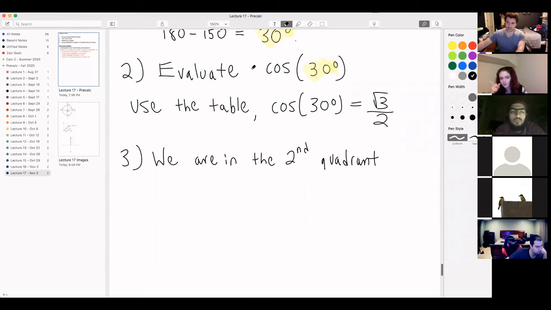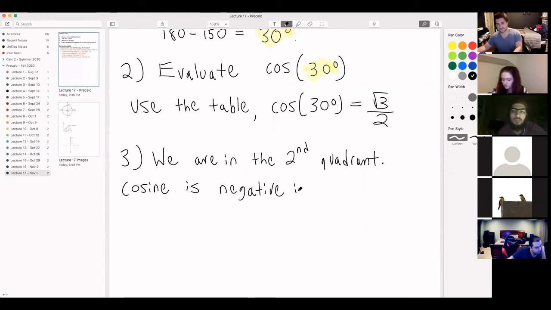It's cosine. Is cosine positive or negative in the second quadrant? That's the question we must ask ourselves. So you use that phrase, I'll think of "all students." Sine is positive in the second quadrant, so cosine is negative. Cosine is negative in the second quadrant.